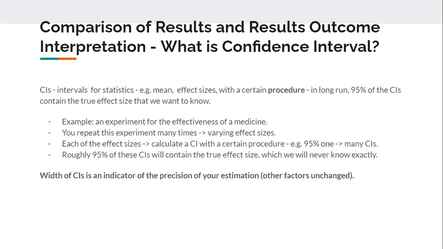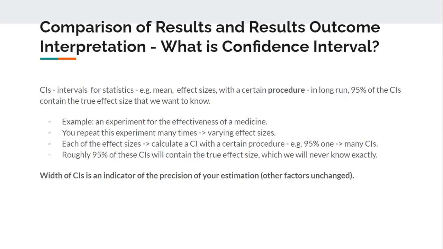This may sound scary, but let's talk through it with an example. Let's say you conduct an experiment to examine the effectiveness of a medication. You give the experimental group the medicine, and you want to test the difference between the experimental group and the placebo group. You repeat the experiment many times, assuming you have the resources and time.